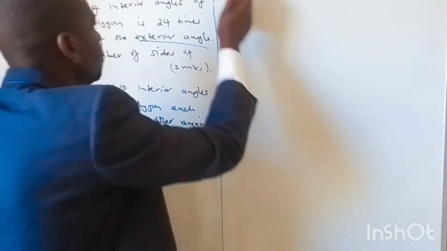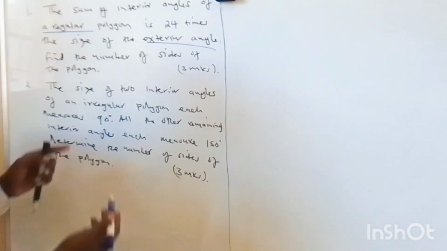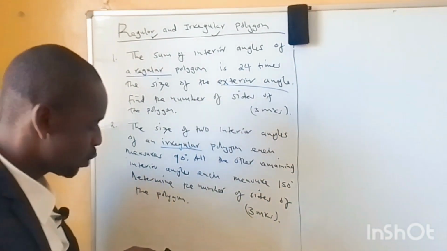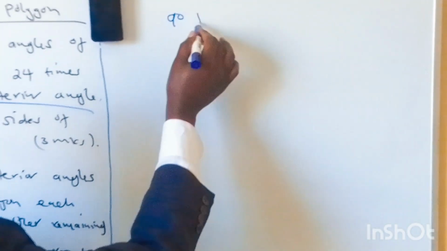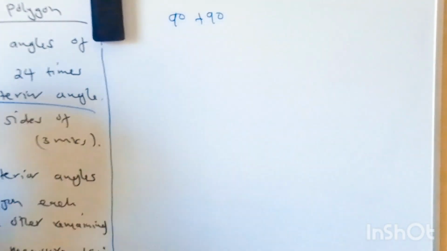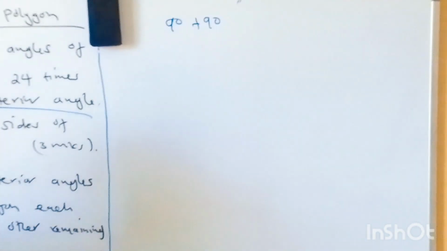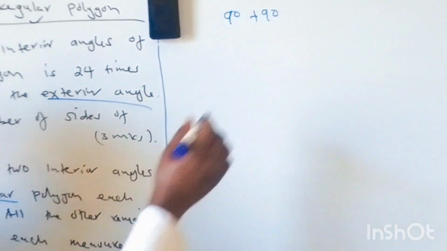So the question also reads: the size of two interior angles of an irregular polygon. As you can see, this is now an irregular polygon, but we are told that the first one is 90, the second one also is 90. But the remaining ones we don't know how many there are. But now each is 150.